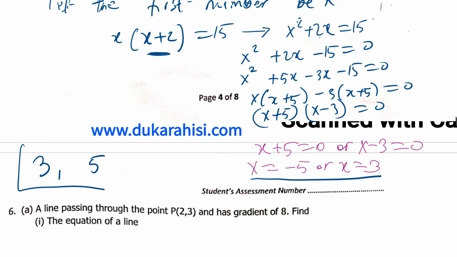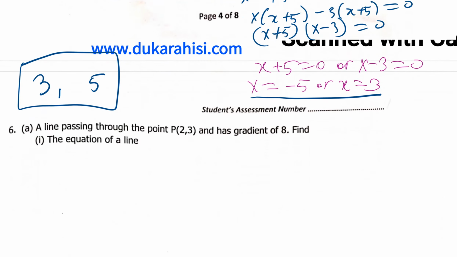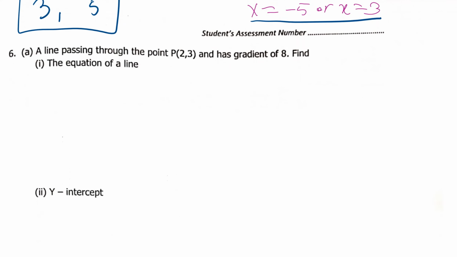So the numbers are 3 and 5. We ignore negative because we are not talking of integers. So that is question number 5b.